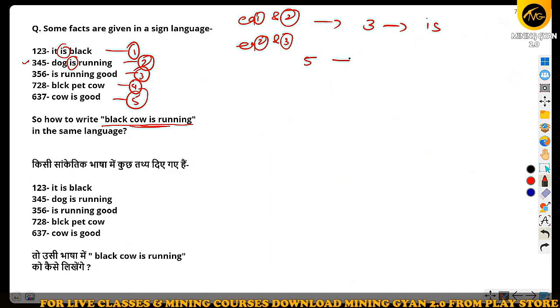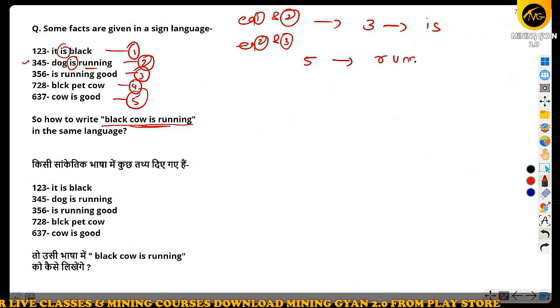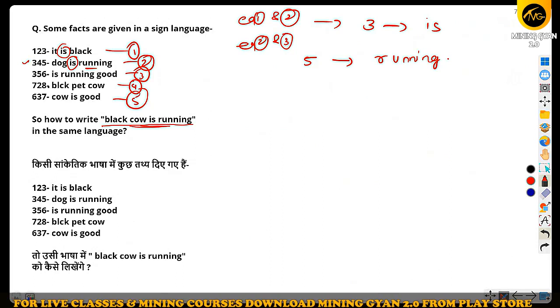So 5 is used for the word which is common in both the equations, that is running. So 5 is used for the word running. Is it clear?